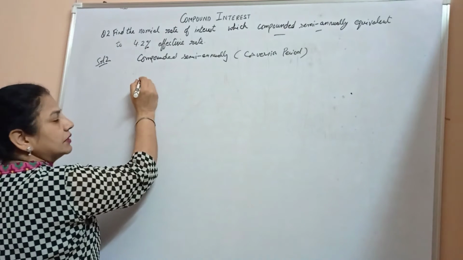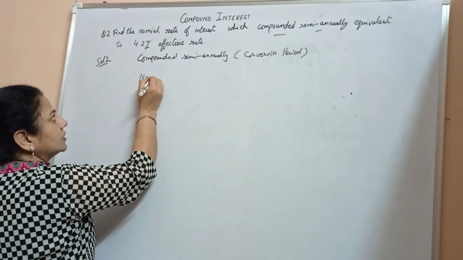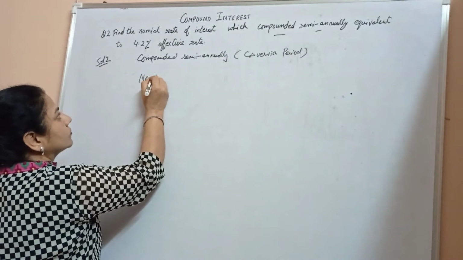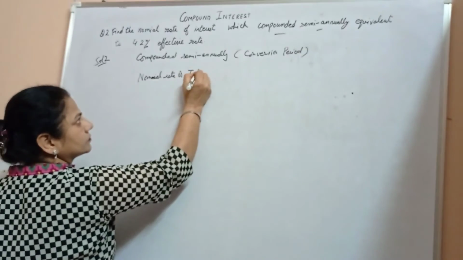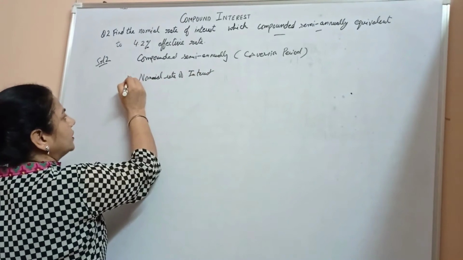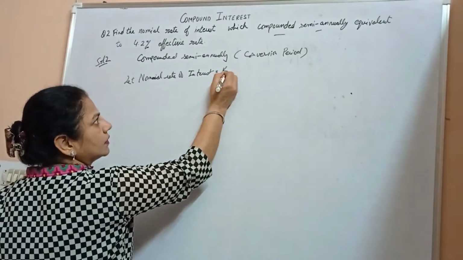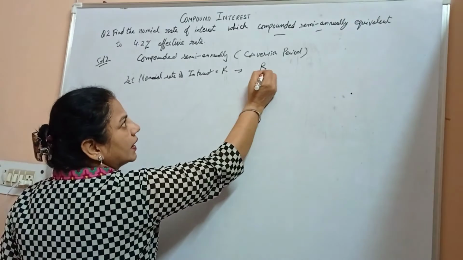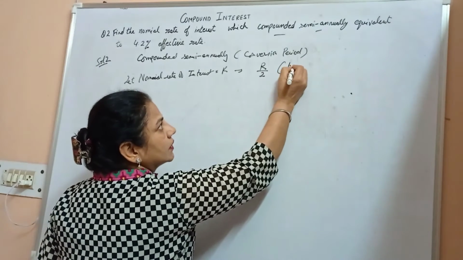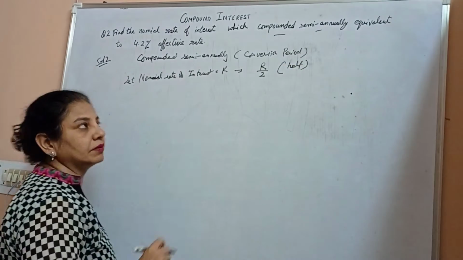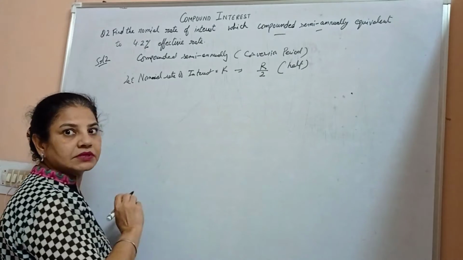What does the conversion period say? Let the nominal rate of interest be capital R. It is converted to R by 2 because it is given to us semi-annually, so the rate becomes half.